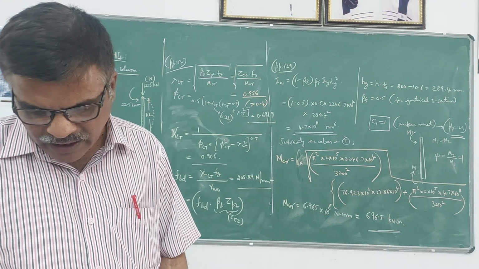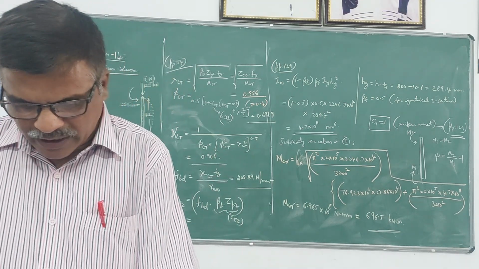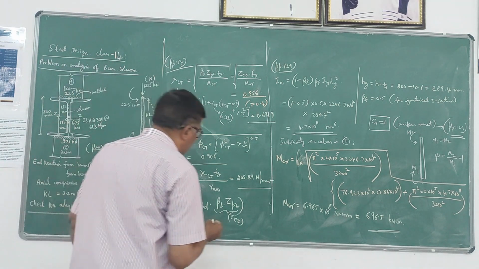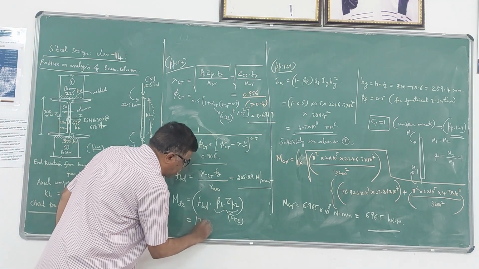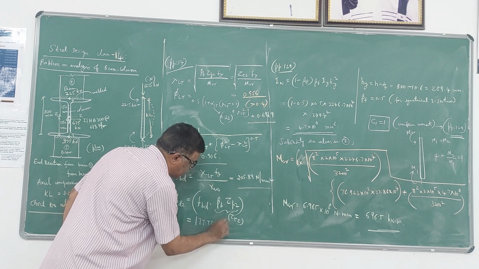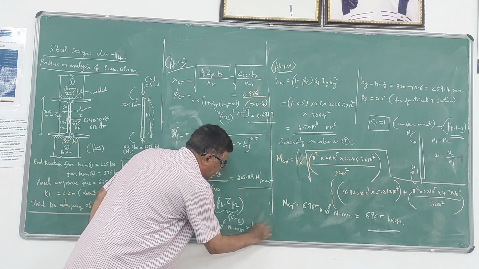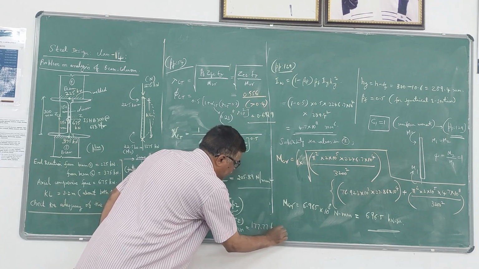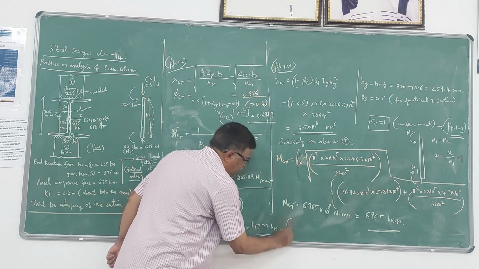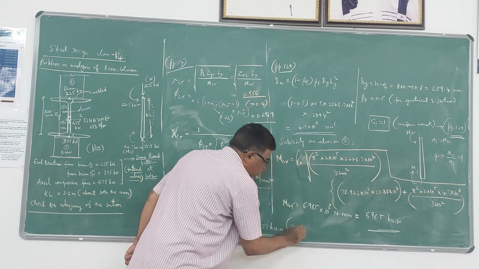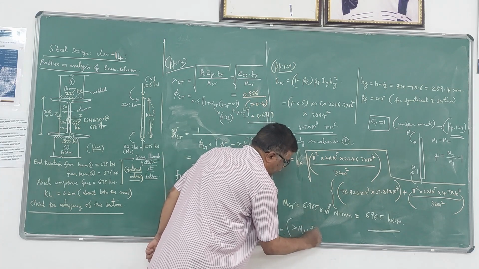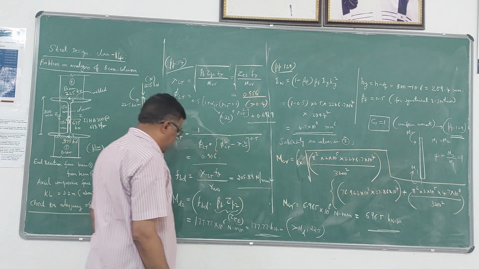Converting to kilonewton meter, you get 177.77 kilonewton meter. You can see that this is definitely greater than your applied moment MZ, which is 22.5. Therefore, it is safe.